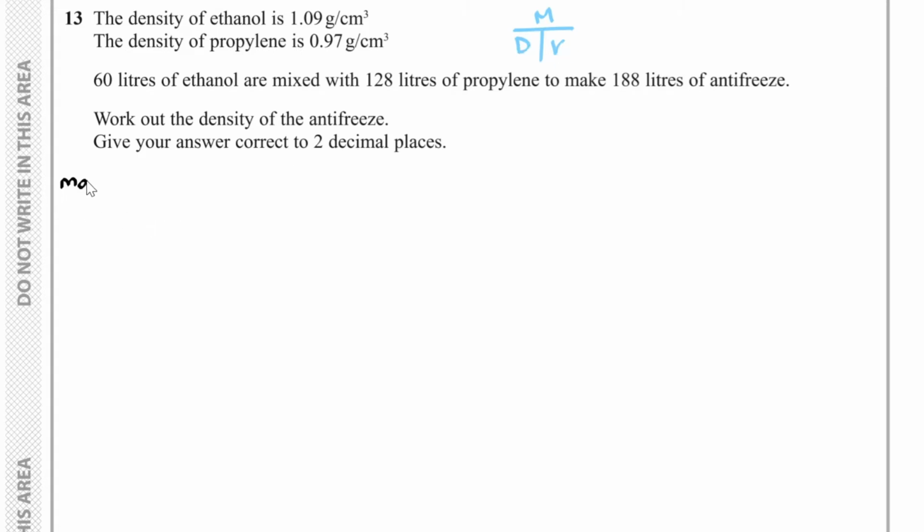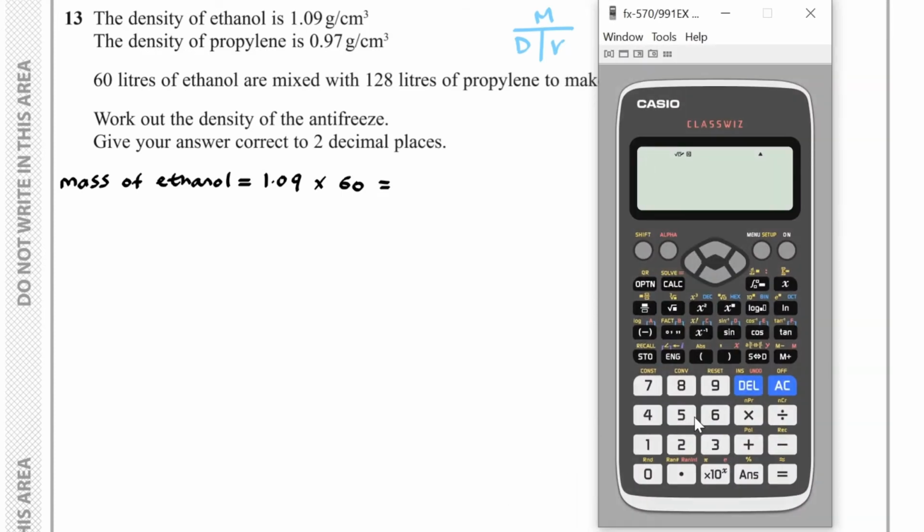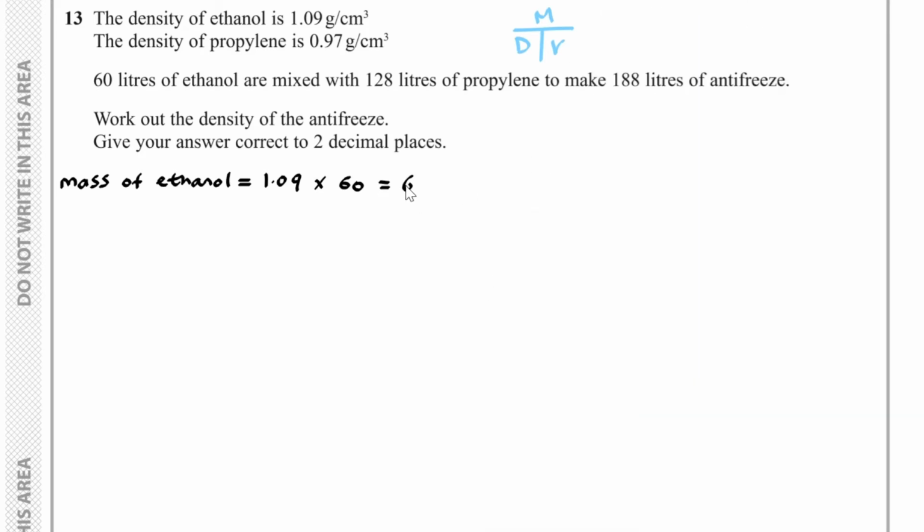So the mass of ethanol is equal to 1.09 multiplied by 60. So if we work this out, 1.09 times 60, that's equal to 65.4. So we have 65.4 grams.